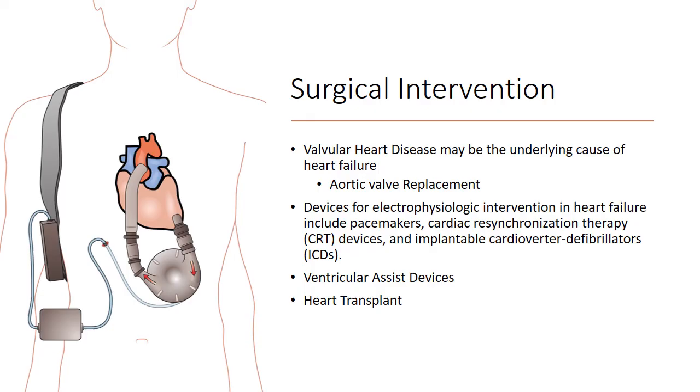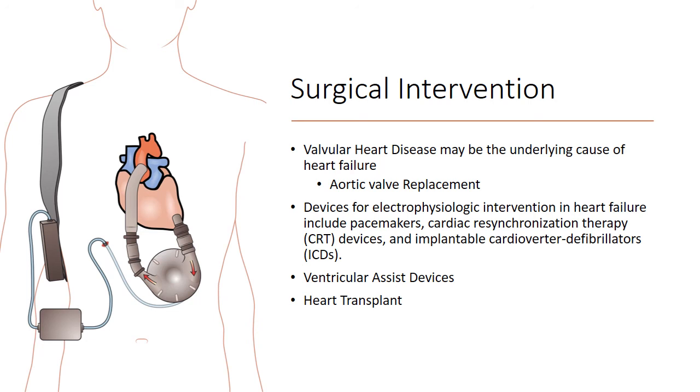And there's certain surgical interventions that may be available to some patients as well. In particular, people who have heart failure as a result of valvular heart disease, if that's the underlying cause, then it's likely that they may be appropriate for aortic valve replacement.